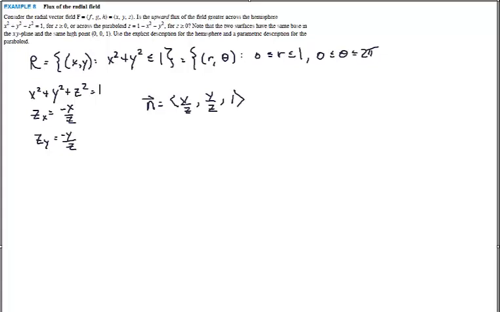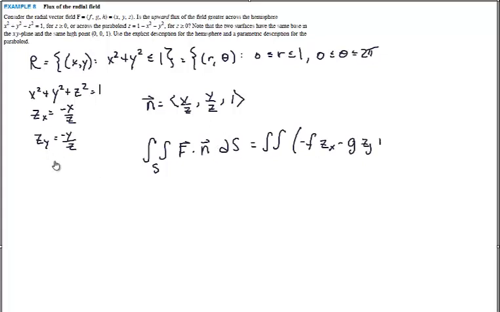So in integrating, our vector field dotted with our normal is going to be equal to negative f z_x minus g z_y plus h, integrated over that region.